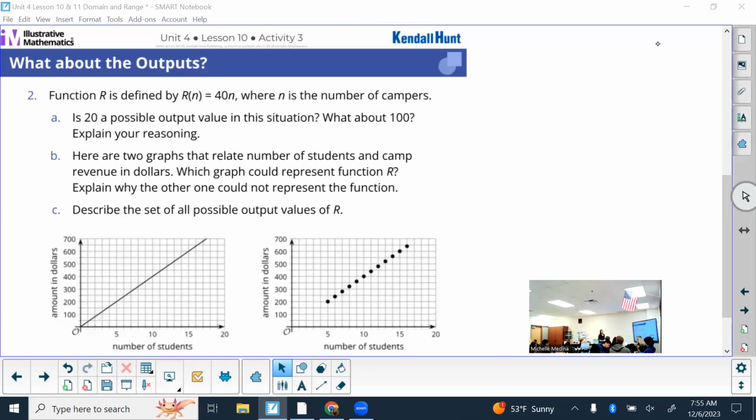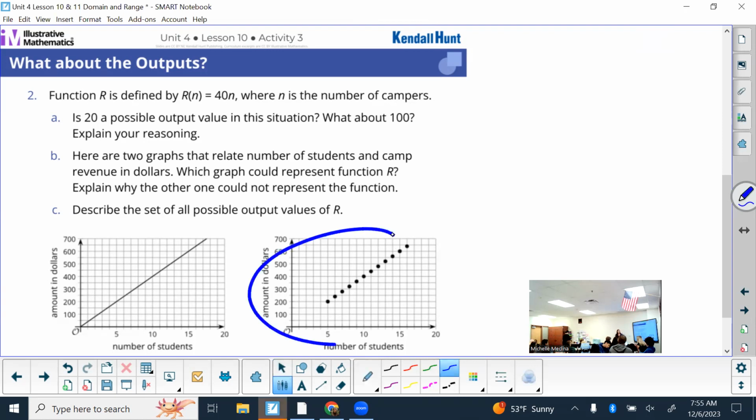Yeah, it should be the one with the dots. So if you kind of want to sketch that for situation 2, their graph would look something like that, because they're only taking 5 to 16 campers. According to this graph, they could take like 1.5 campers if they look at this point on the line. Right?